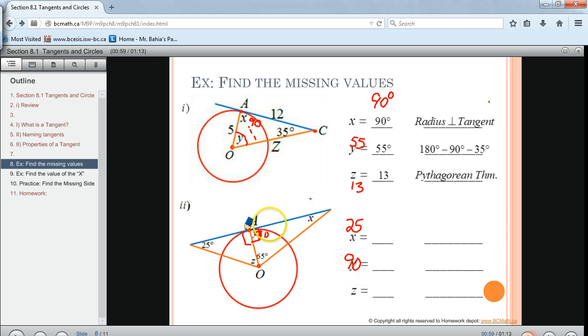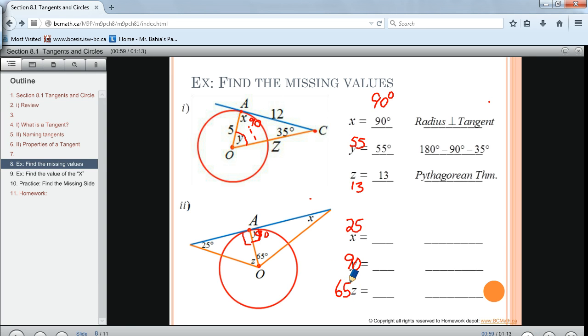Y is 90 because of the tangent radius rule. What about Z? Well, this side's 90 because of the radius tangent rule. That's 25. Just go 90 plus 25 minus 180, or 180 minus 25 plus 90. And you should get the missing Z number, which is 65.